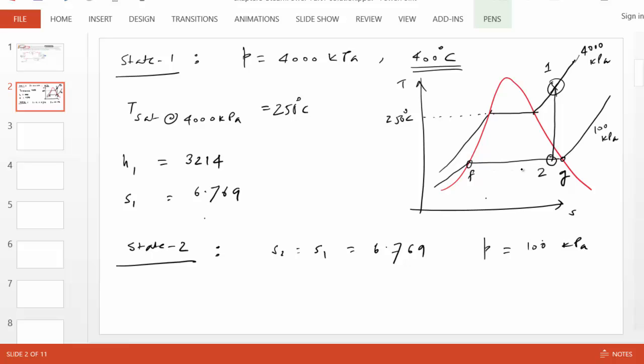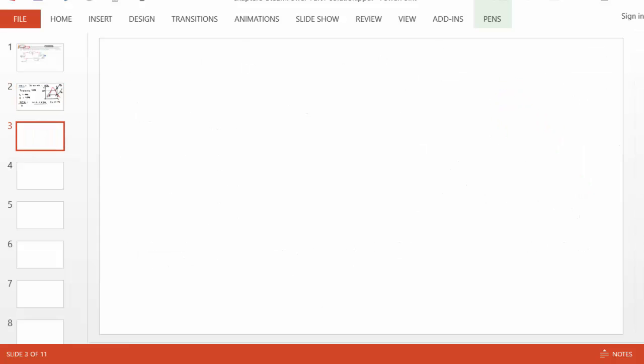To figure that out, let's find what is SF and what is SG. If we find that S is somewhere in between SF and SG, then we got the state. Because there is not enough space here, I'll redo this on the next page.